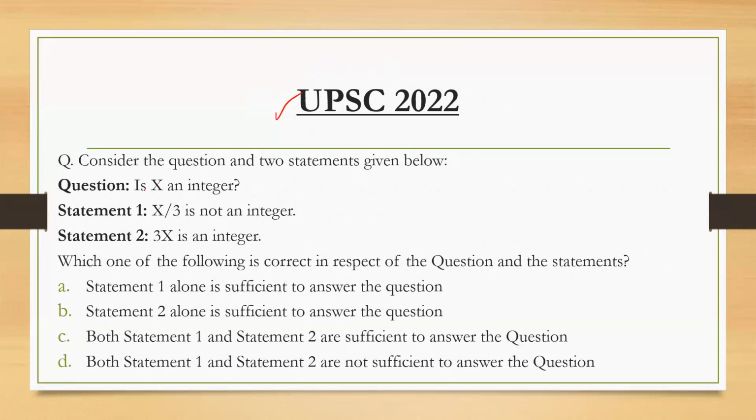The question is: is x an integer? Statement 1 is given, statement 2 is given. That is, x by 3 is not an integer, and 3x is an integer.